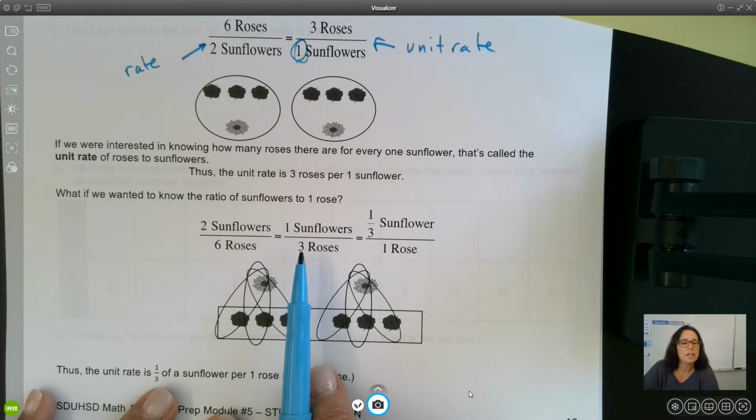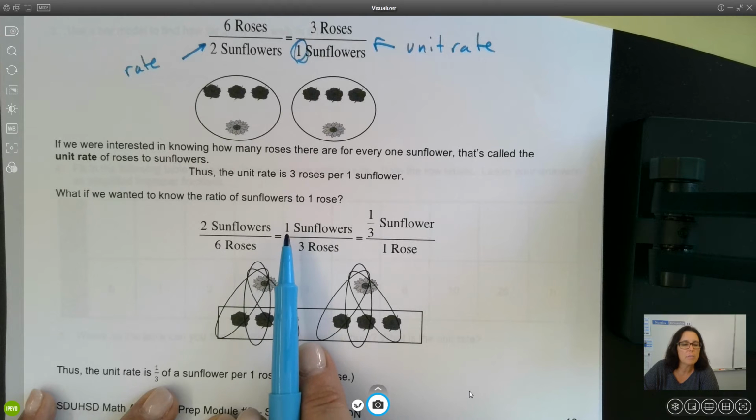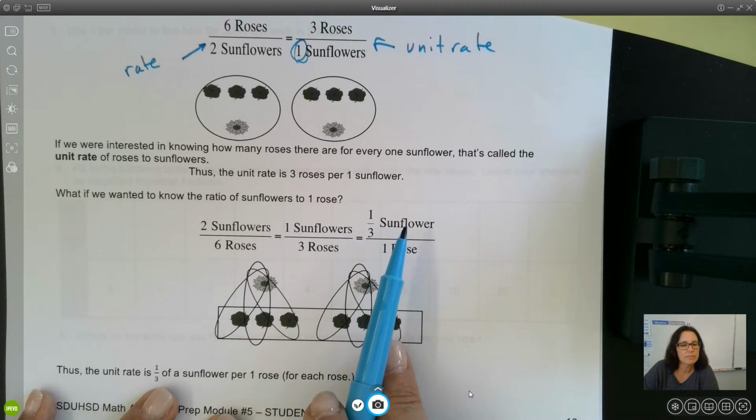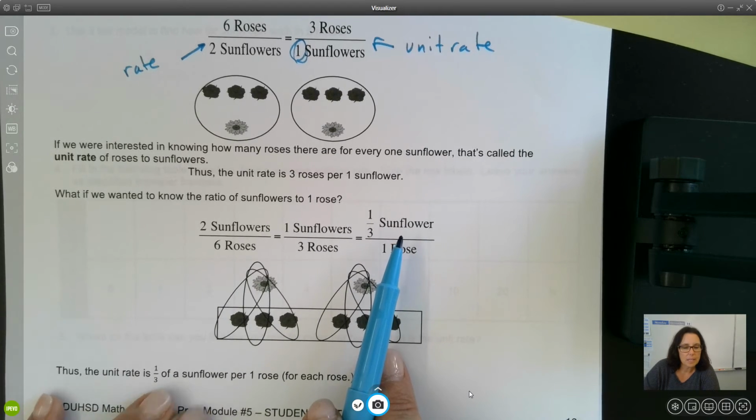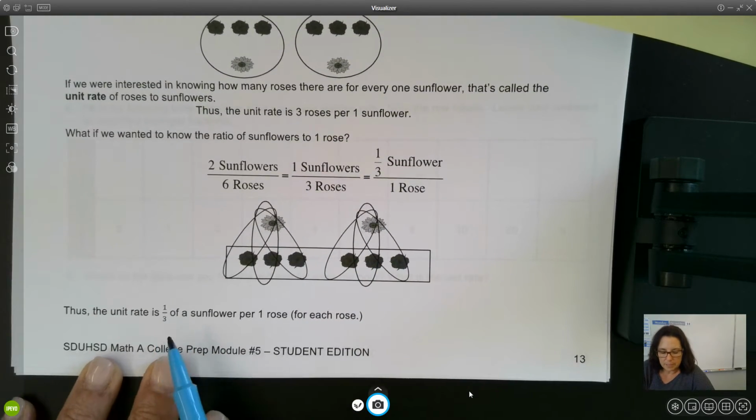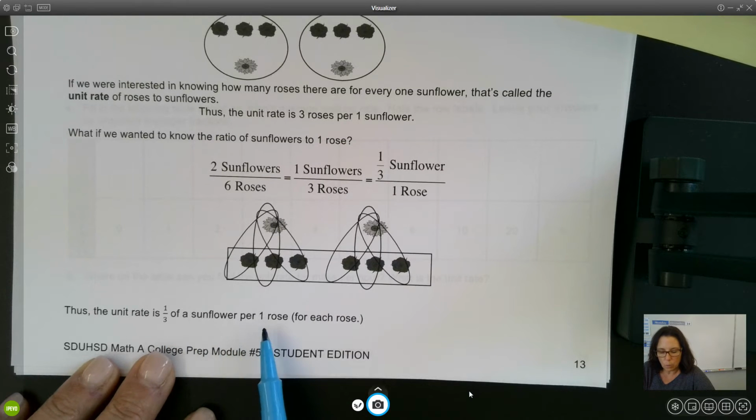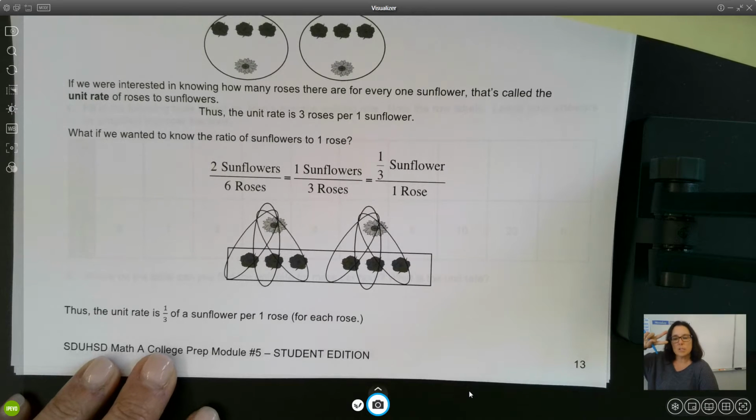But remember we need a 1 in the denominator, in the bottom, in the second thing. So we would need to divide this by 3 and this by 3. Well, if we divide this by 3, wouldn't we have 1/3 of a sunflower? So the unit rate is 1/3 of a sunflower per 1 rose. Depending on the units, there are 2 unit rates that you can give for any situation.